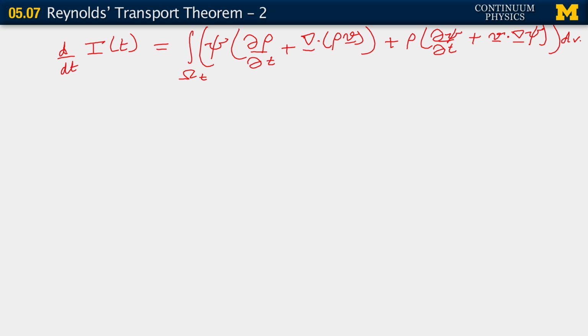I've just grouped terms differently. But now I ask you, what is this? What I've just drawn a brace under is in fact what we obtained as the left-hand side of our mass conservation equation. This term therefore is dead zero from conservation of mass.